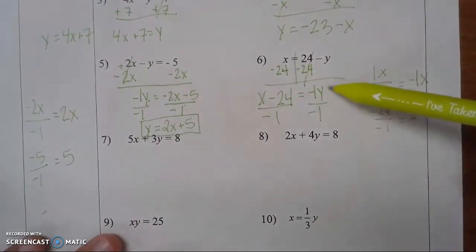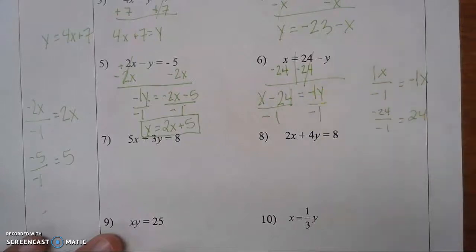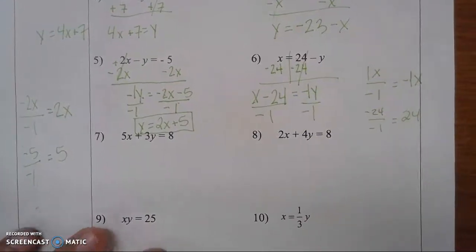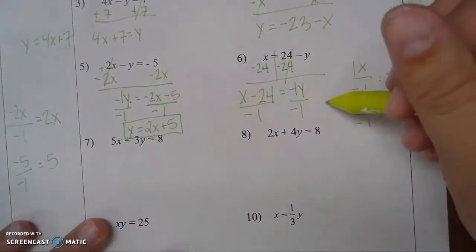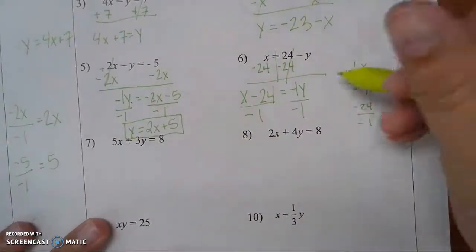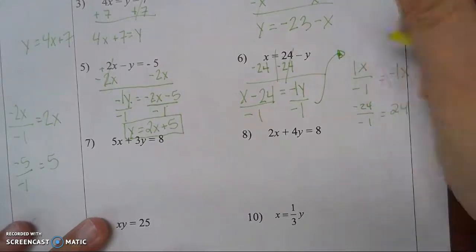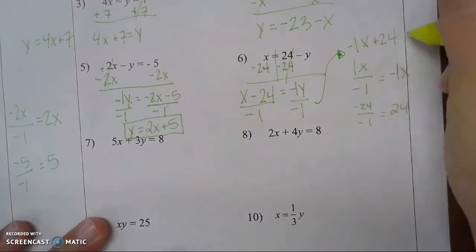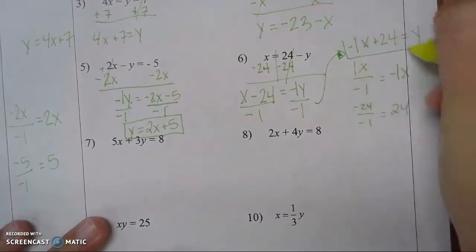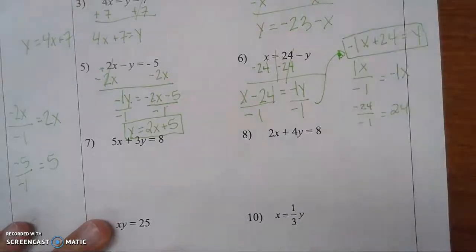So my new equation is, if I divide by negative 1 on both sides, I now get, I'm just going to write it up here at the top. So I get negative 1x plus 24 equals my positive y that I want. So this should be our new answer.